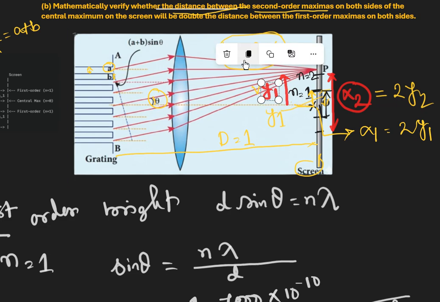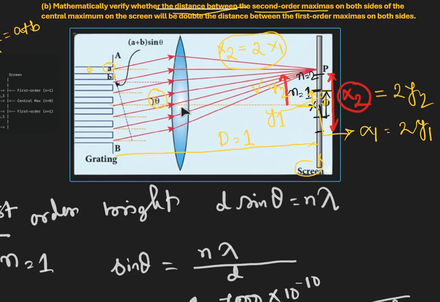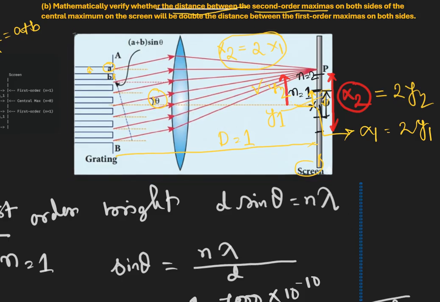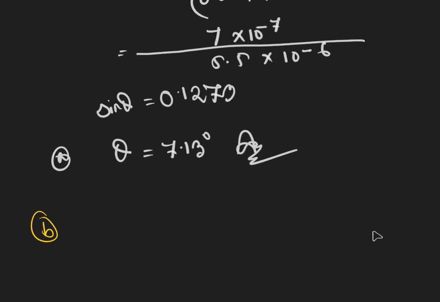By the way, this will not be y1, this will actually be y2. So indeed, for the first order fringe, the diffraction angle, let's say this is theta 1. So we have to evaluate the value of theta 2 as well.